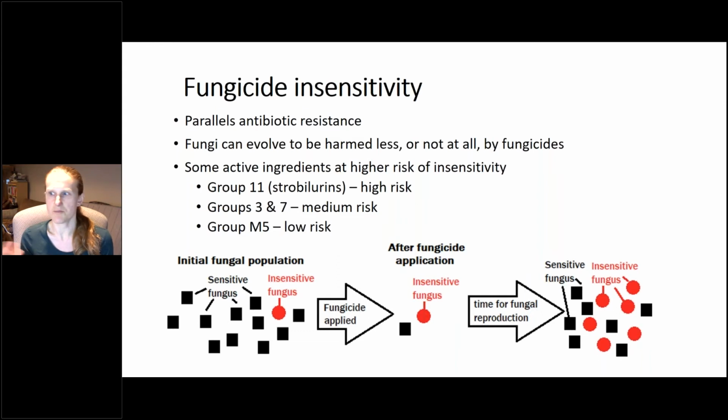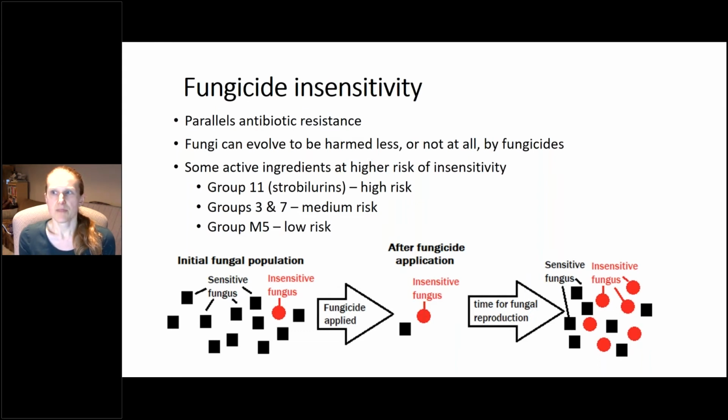So if you imagine in this diagram, if a fungicide was applied again, most of those black squares would go away, and there'd still be all the red ones, all the insensitive. And so now the proportion would shift yet again, and still a higher percent of the pathogen would be insensitive. And so this can continue through multiple cycles of fungicide application.